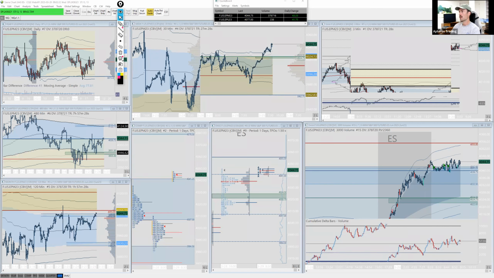Oftentimes, the market needs to do something to reset the inventory so that it can do something else. And we're certainly in a case of that here now. If we would wick the lows, we would reach new highs. I'm not saying anything's a certainty, but you know what I mean. I mean, should I throw up limit orders up here?